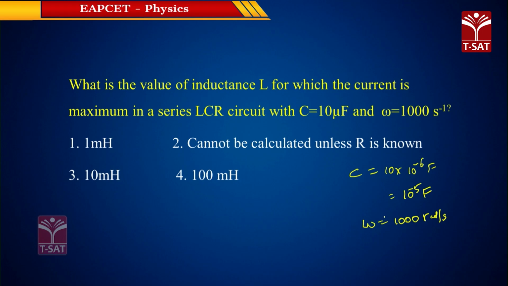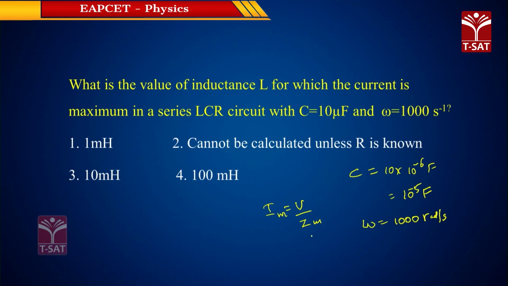In a series LCR circuit, what is the maximum current? Maximum current, Im is equal to V by Zm. That means if the current is maximum, the impedance value is a minimum.